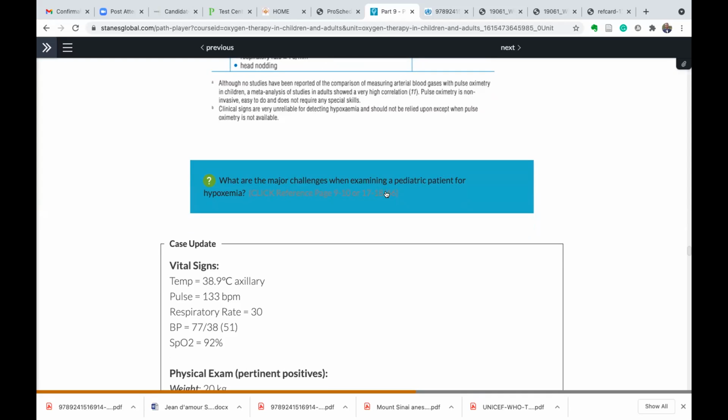So without pulse oximetry, there are many patients you can give oxygen to, even if they don't need oxygen. That's the challenge, because most of the signs are non-specific to hypoxemia only. For details, you will use the resource we share in the chat and also after this session.